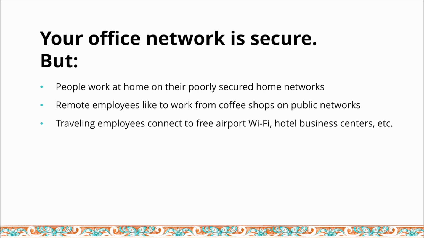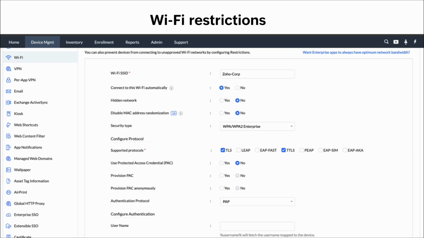As I mentioned earlier, even after COVID-19, we are seeing great traction towards the hybrid work environment. Even if your office network is secure, people tend to work from their home or from some cafes, which may have limited security options. For that, you can define Wi-Fi restrictions as part of the MDM.